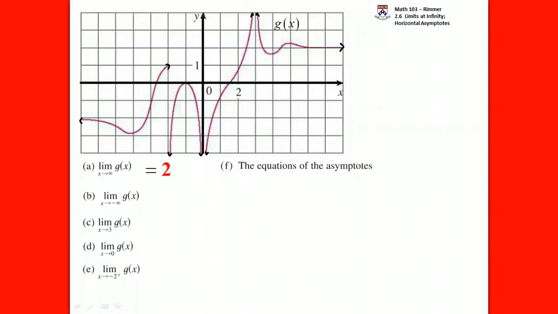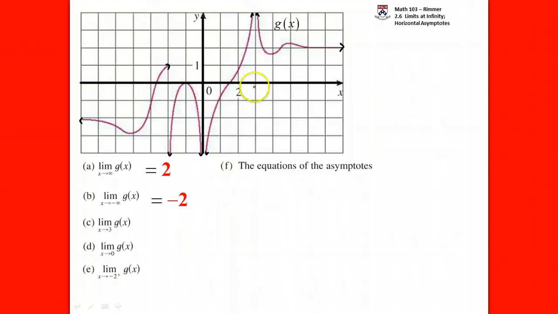B, what happens as x gets small? Negative infinity. It goes to negative 2. Great. These other questions are back to the old, what happens at x equals negative 3? Wait, I'm sorry, not negative 3, positive 3. I blew that, I'm sorry. Positive 3, that's this guy right here.